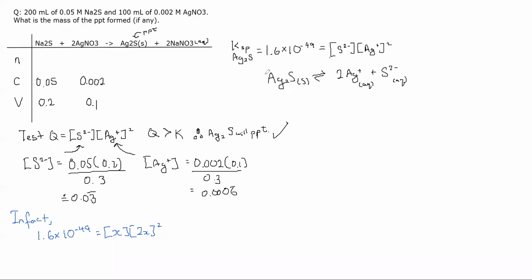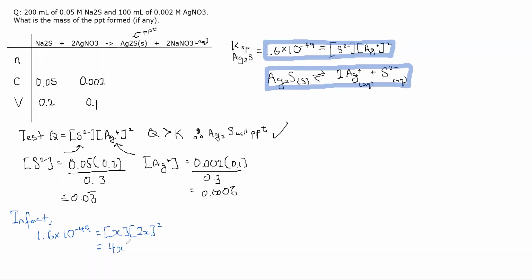If you have no idea what I'm talking about, I am using this as my template: for every 1 mole of sulfur, I would produce 2 moles of silver. If I were to work that out, that would become 4x to the power of 3, therefore x is the cube root of 1.6 times 10 to the negative 49 divided by 4. This would be 3.4 times 10 to the negative 17, which is essentially equal to 0.